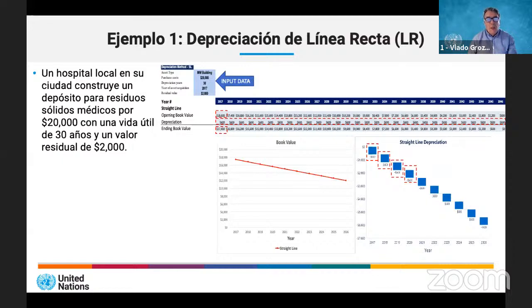So we can go to Menti now and ask the question. Which infrastructure asset categories or types are appropriate for this straight line method? Just for tips. Okay, go ahead, Fernando.